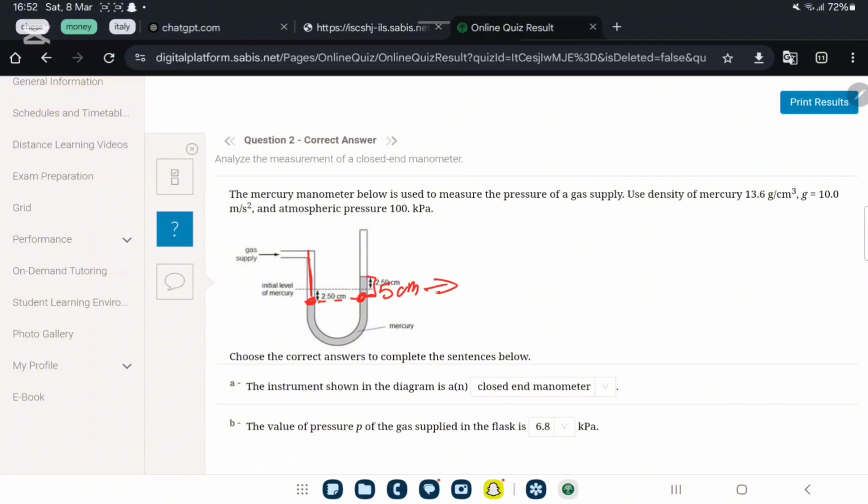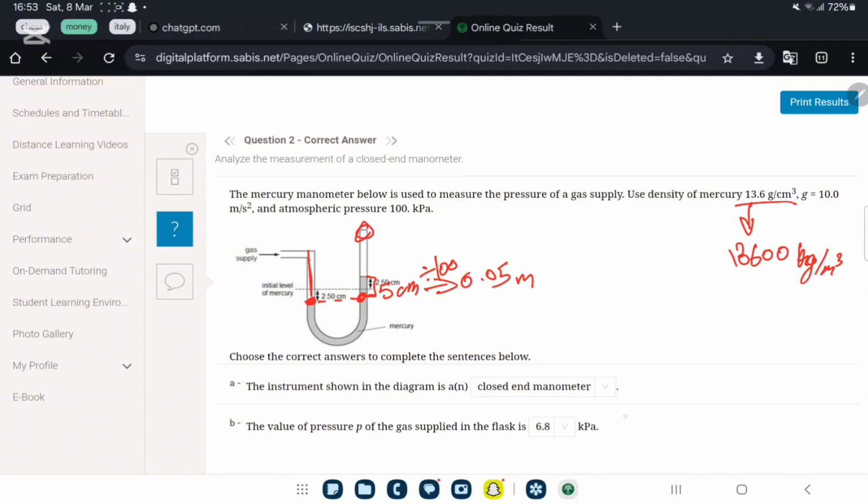You convert into meters, and it's 0.05 meters. And for the pressure of the gas, the density of mercury, always convert to SI units, so 13600. At this point, you should know the density of mercury. We had it so many times. Kilograms per meter cubed, and G is 10. And it's closed at the end, so no need to add atmospheric pressure.